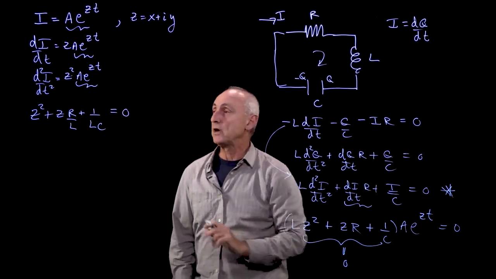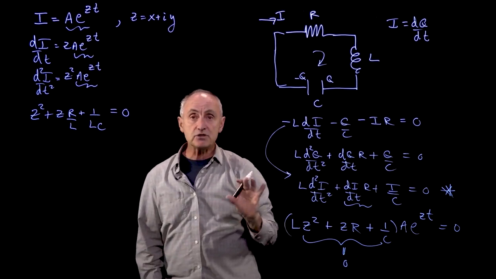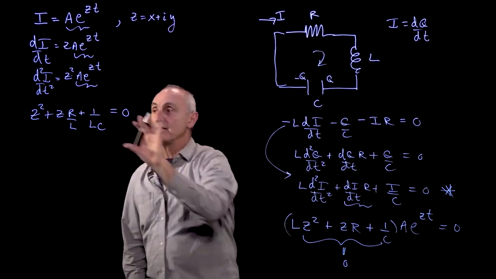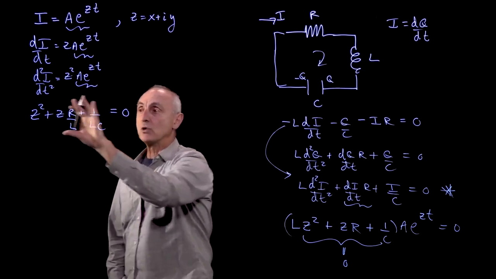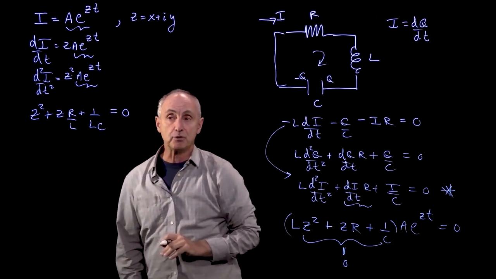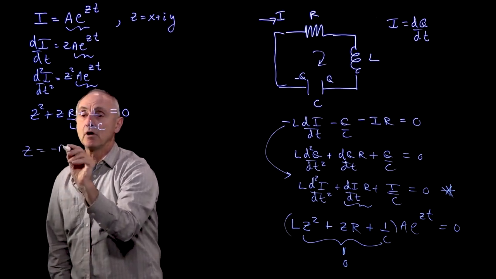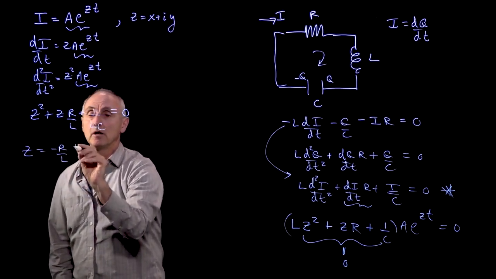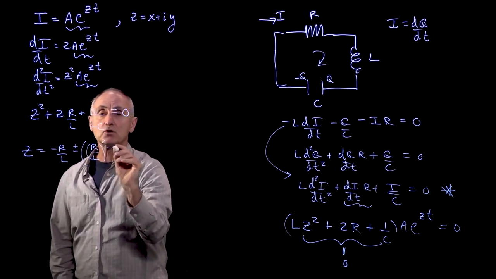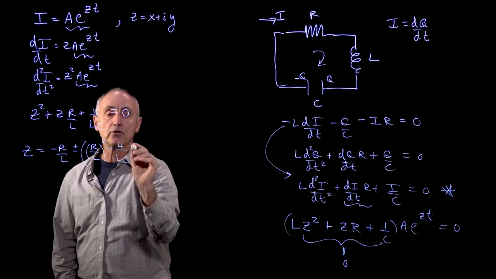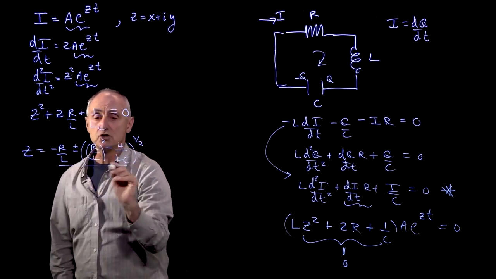We'll solve this equation for the complex quantity Z. Now, this is the beauty of complex numbers. Any complex polynomial can be factored, and we can use the quadratic formula for this simple case, where Z is equal to negative R over L plus or minus the square root of (R over L) squared minus 4 over LC, divided by 2.